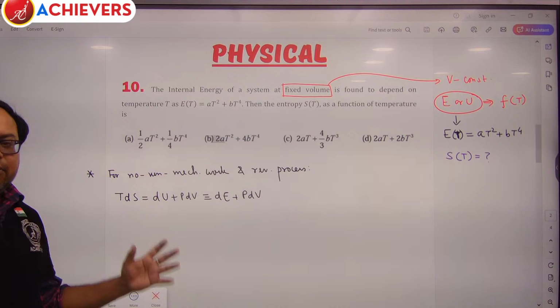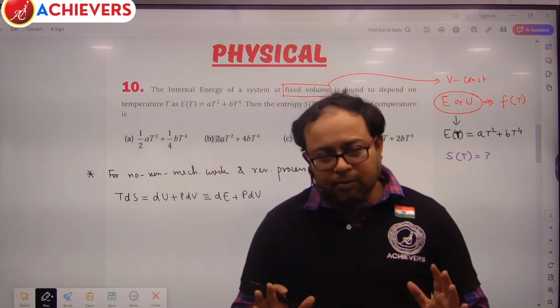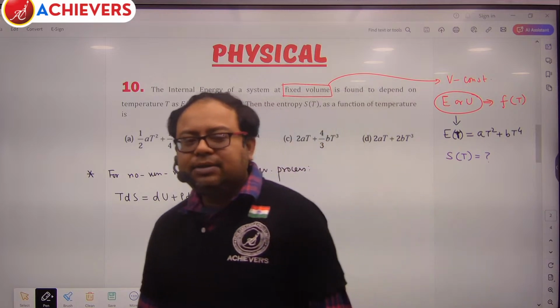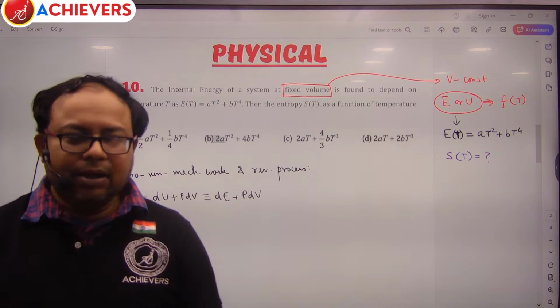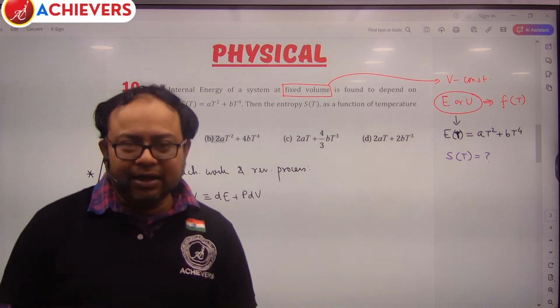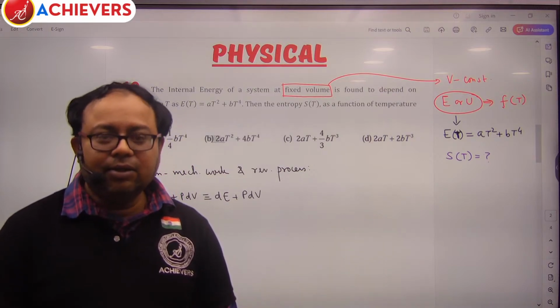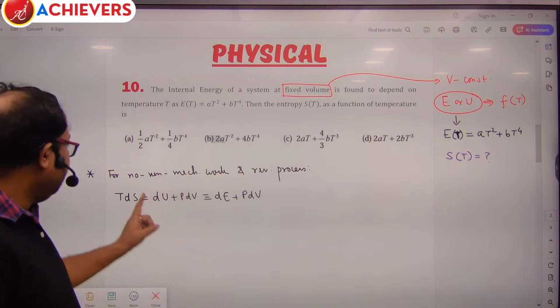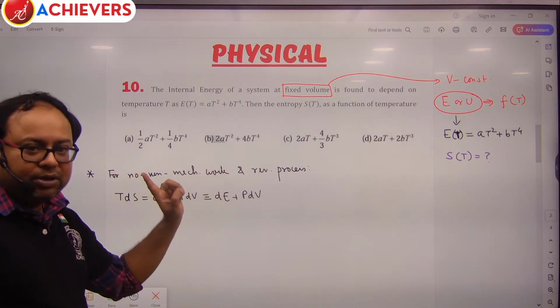So this is the most fundamental equation of thermodynamics. It is the combination of first and second laws of thermodynamics. The two conditions have to be satisfied in order to validate this particular equation. Those two conditions are no non-mechanical work and reversible process.